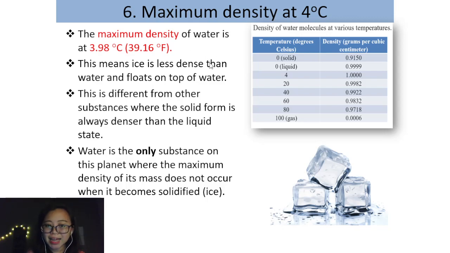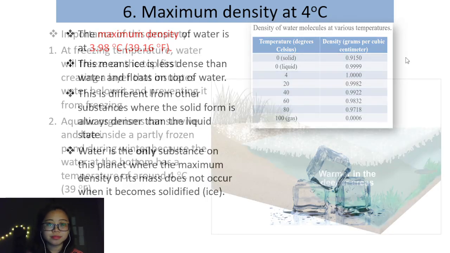So that means that ice, which is 0 degrees Celsius, is less dense than water and it will float on top of water. Different from other substances where solid form is always denser than the liquid state, and water is the only substance on this planet where the maximum density of its mass does not occur when it becomes solidified. So dia paling mampat bila dia cecair 4 degree Celsius. Bila dia frozen jadi ice, it's less dense than that.